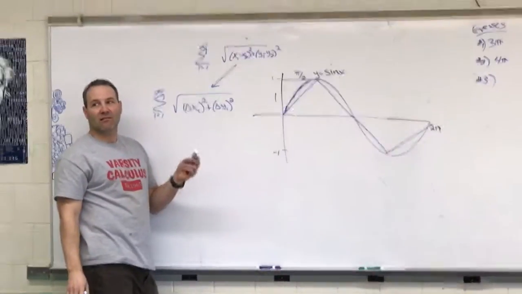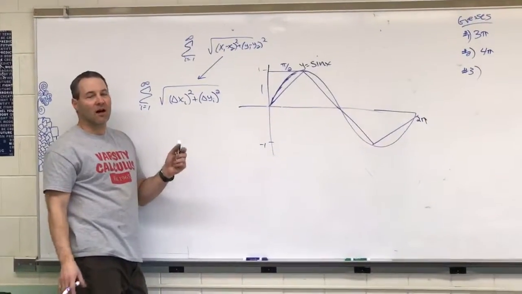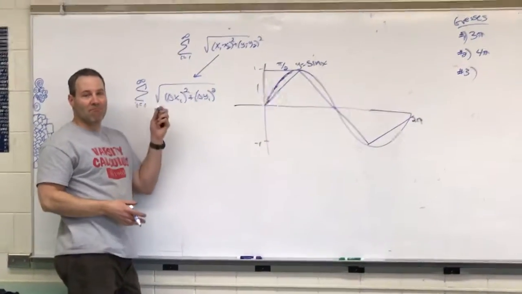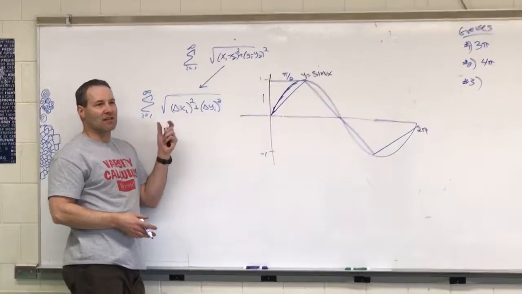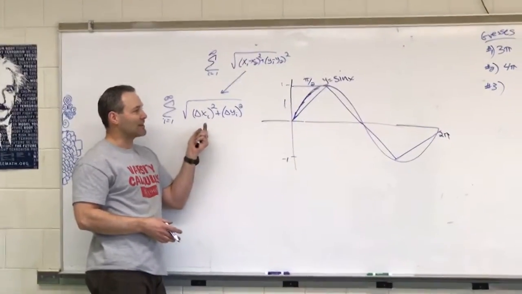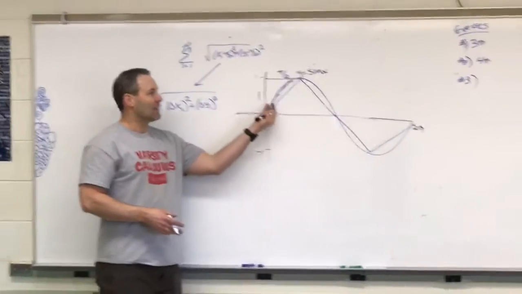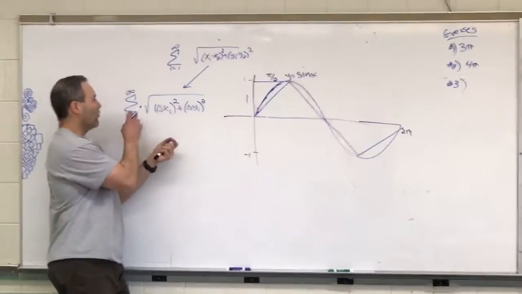Are you kind of with me? This mathematical notation is saying that we're going to systematically add up each individual line segment from 1 to infinity.